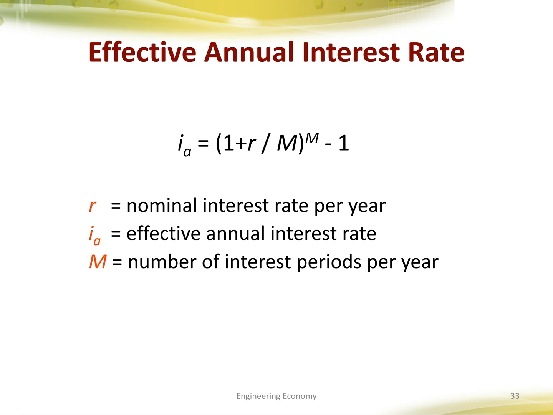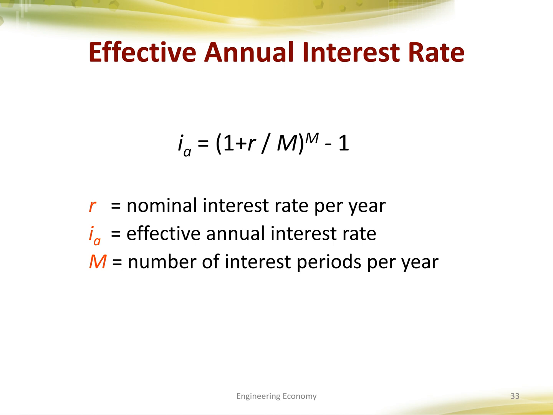Then you will be charged again. So within that period, if there is an effective rate for that period, then you need to compound it many times before you reach the duration of the year. So you will probably have guessed that your effective annual interest rate will be bigger than the nominal interest rate, because you will be charged a lot more frequently within the course of a year, so if you compound them, it will probably be bigger.